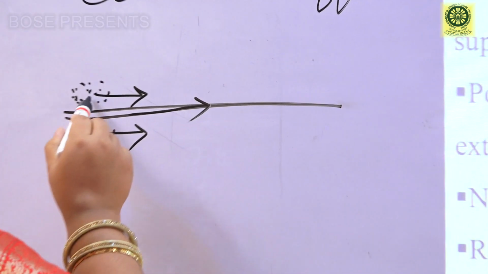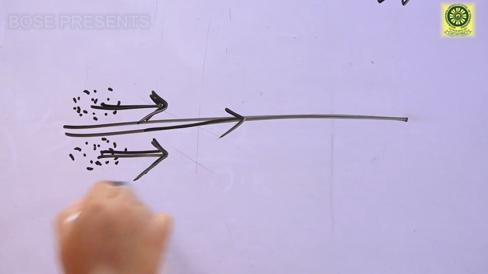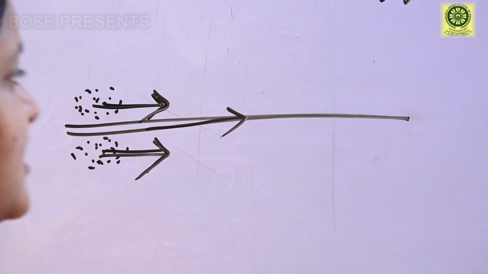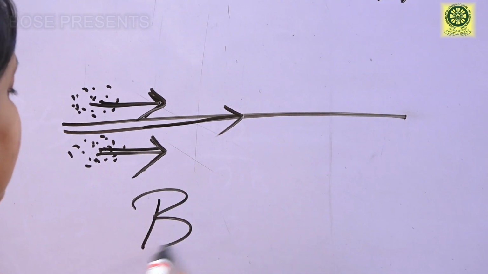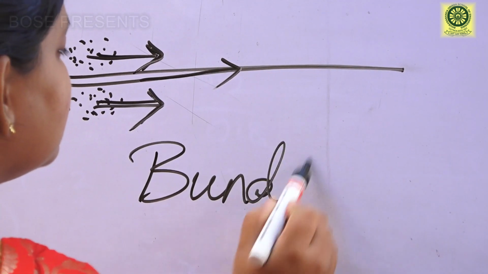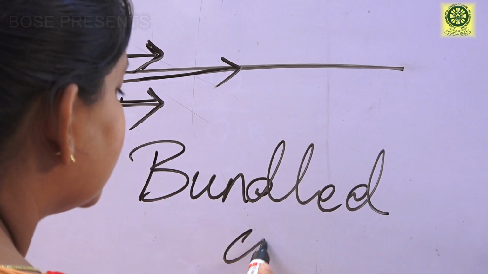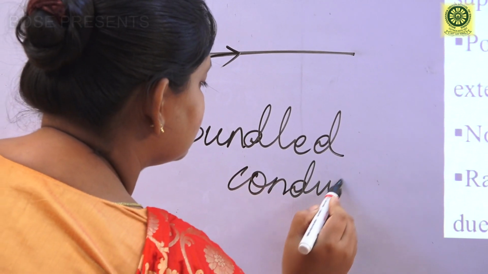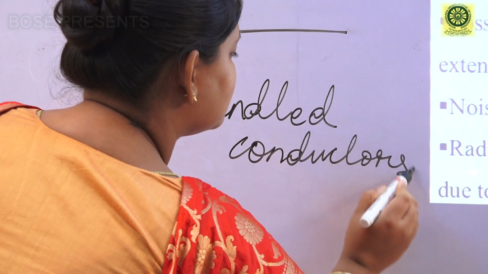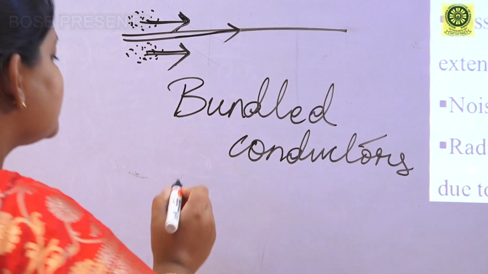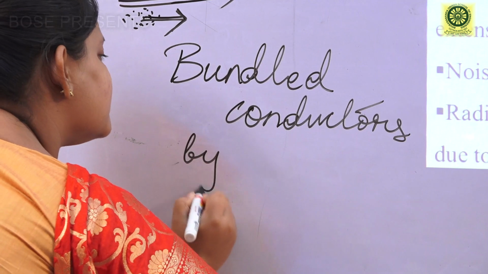This is unwanted current. This is corona loss. How can this be reduced? This can be reduced by using bundled conductors spaced by using spacers.